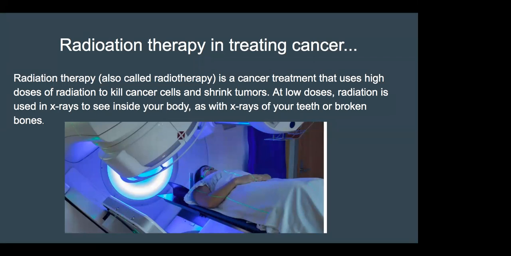At low doses, radiation is used in X-rays to see inside your body, as with X-rays of your tooth or broken bones. Its purpose is to damage the cancer cells over and over again. The cancer cells don't have enough time to repair themselves between daily treatments, so they eventually die.